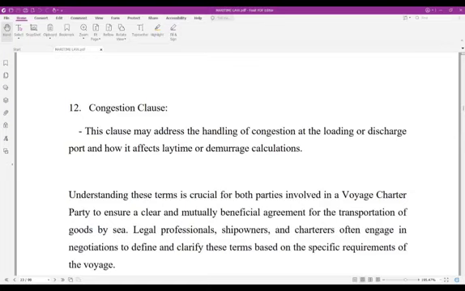Legal professionals, ship owners, and charterers often engage in negotiations to define and clarify these terms based on specific requirements of the voyage.